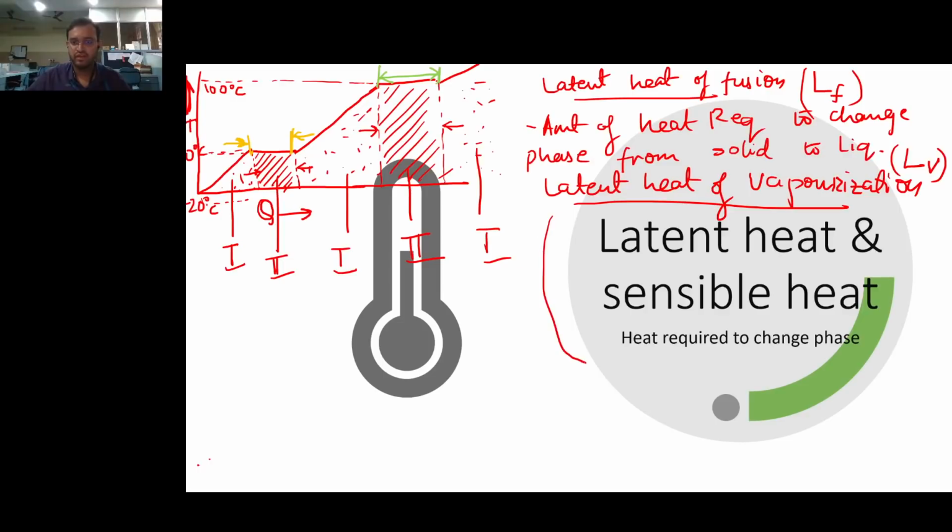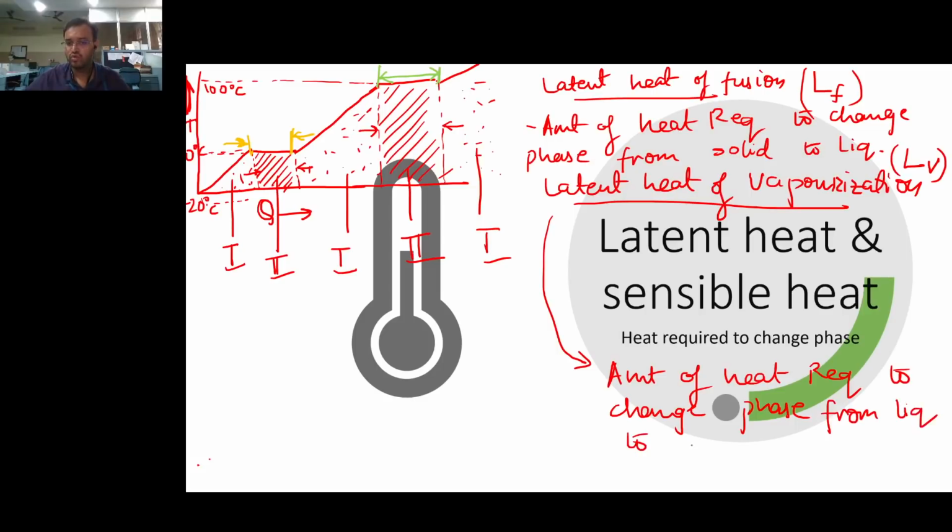And the latent heat of vaporization is the amount of heat required to change phase from liquid to vapor. I hope these two concepts are really clear. These two terms are really clear.